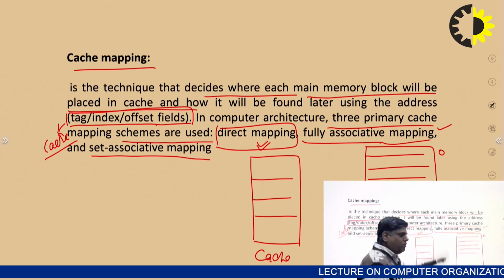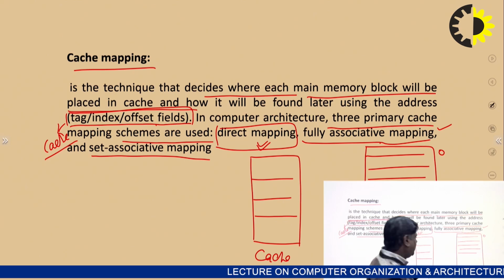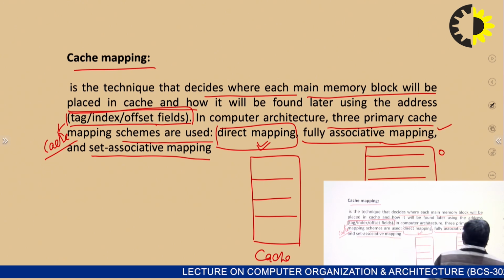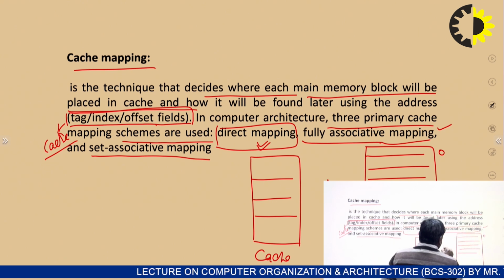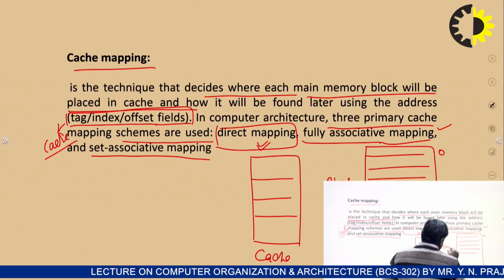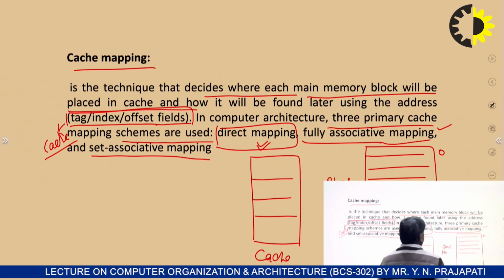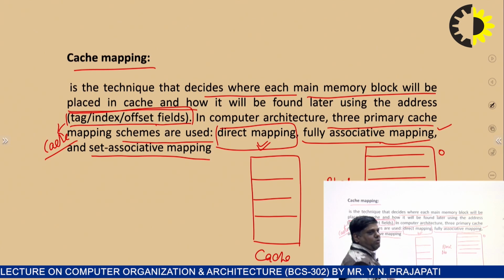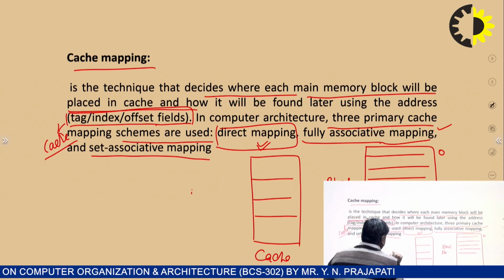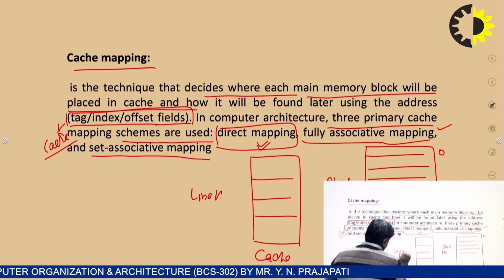The number of a block in main memory is known as the block number, and the number of a block in the cache is known as the line number.